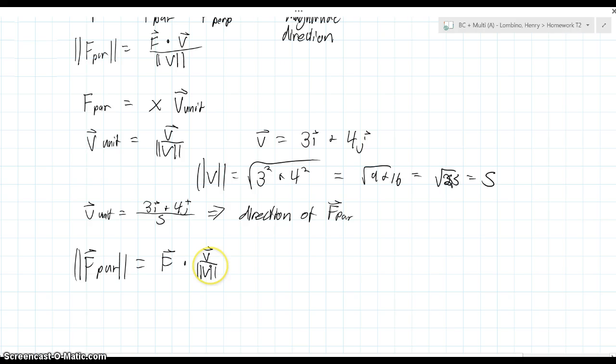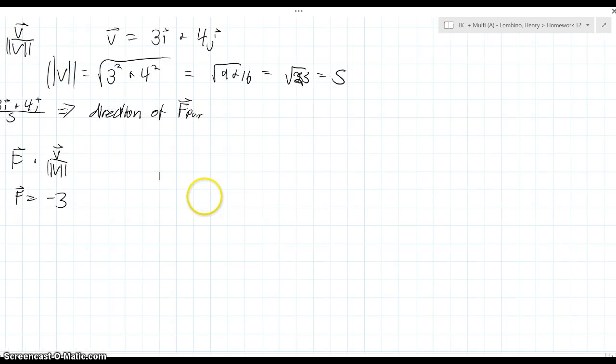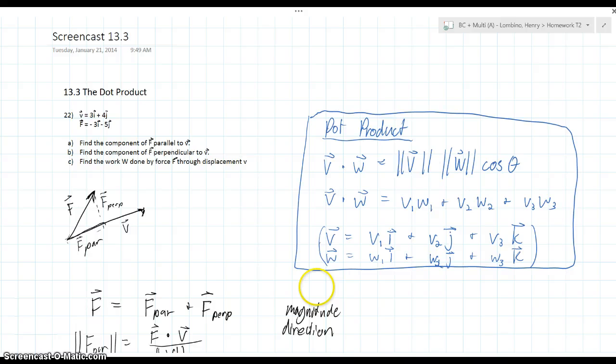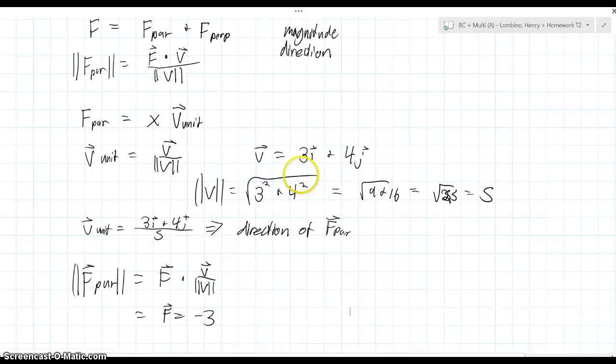So let's solve that out. We have f equals negative 3i minus 5j.